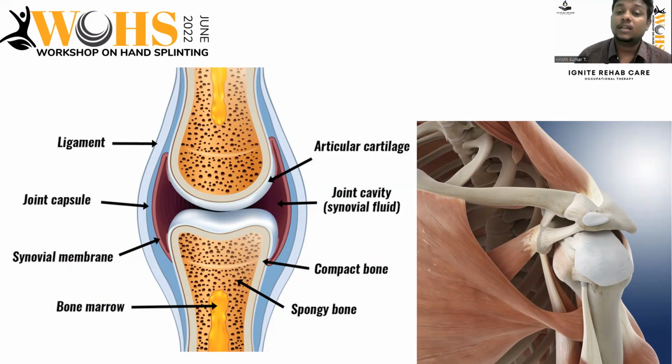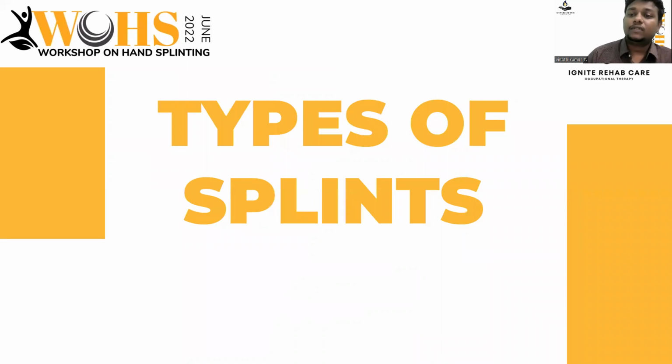So you should know the right amount of force the joint structures can tolerate, and based on that, your type of splint will be decided. As soon as you understand the basic anatomy, you can move on to the types of splints.